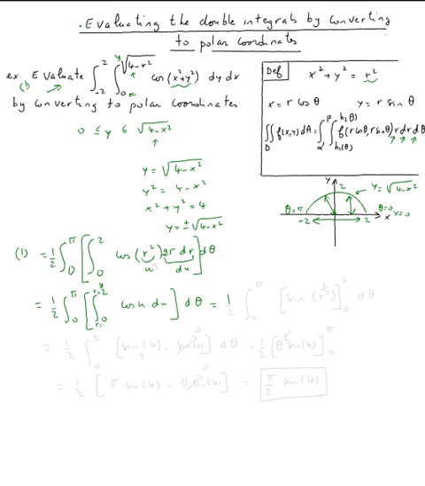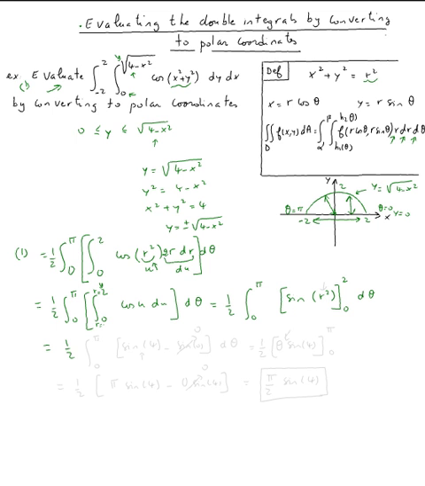Now, this is going to be 1/2 integral from 0 to pi. The integral of a cosine is sine. So sine of u, but my u is r squared. So sine of r squared, and this is between r equals 0 and r equals 2, d theta.